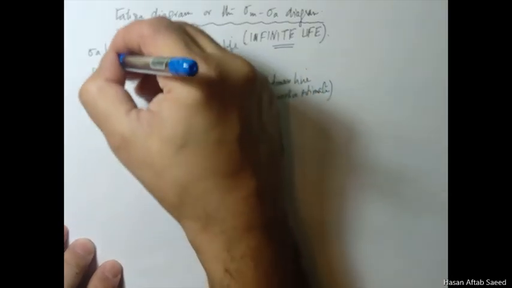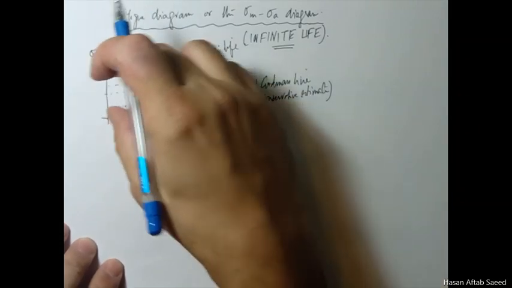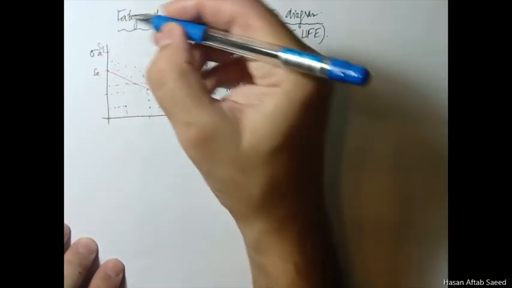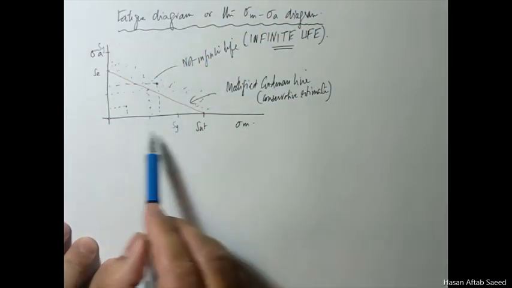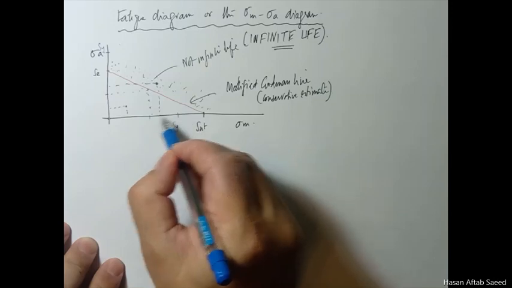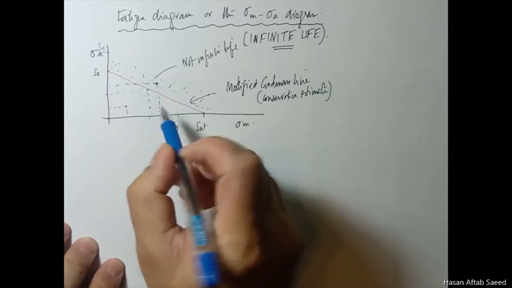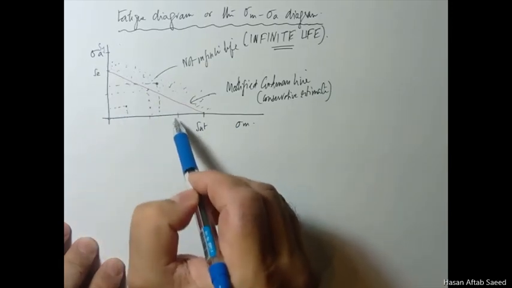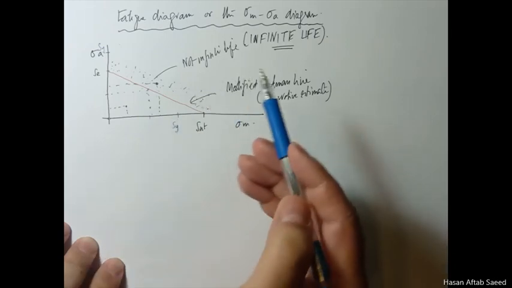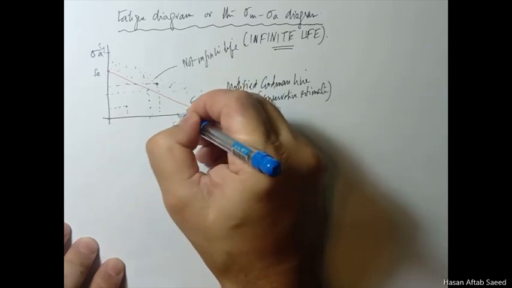And you can also plot, this is 50%, and here this is your yield strength. Now if your sigma m is SY or greater, the moment it becomes SY, how much sigma a can you apply on the body? 0. There is no concept of infinite life here. It has already yielded here.